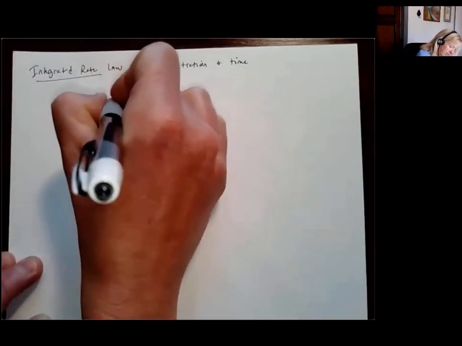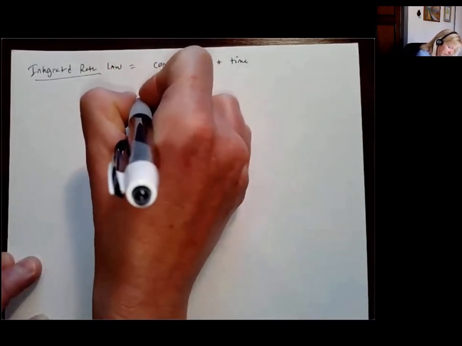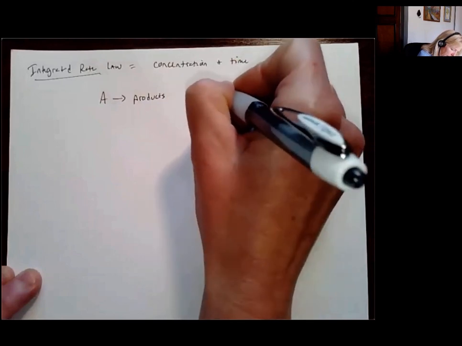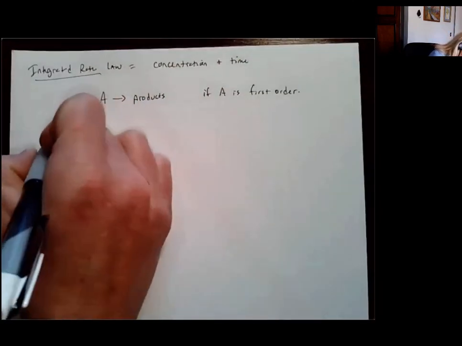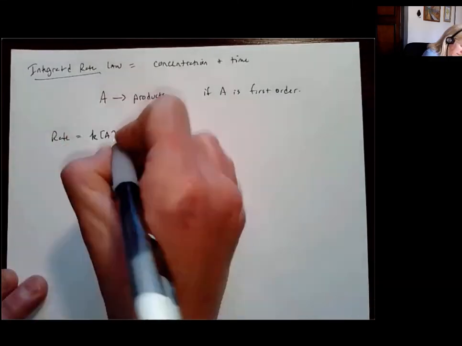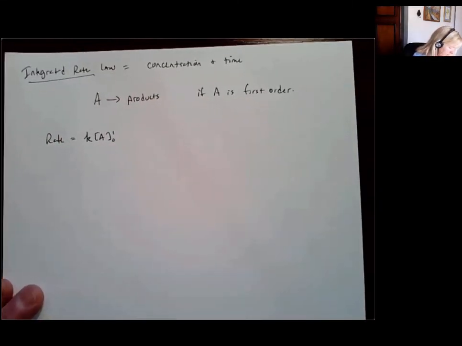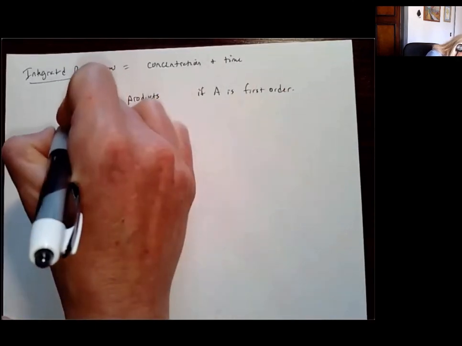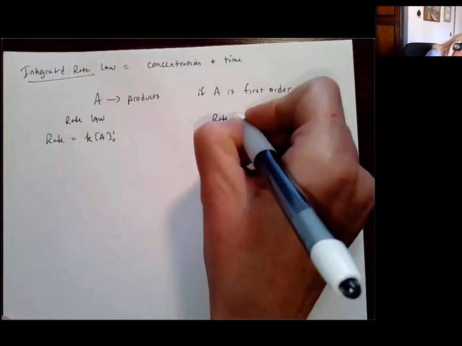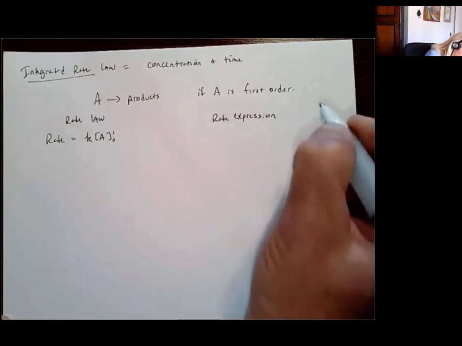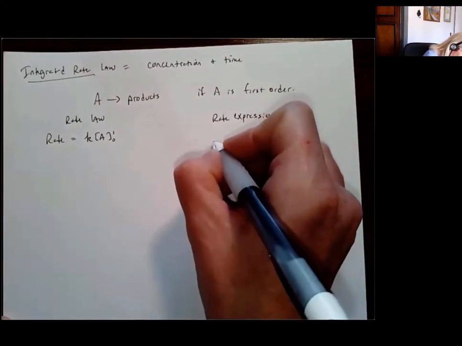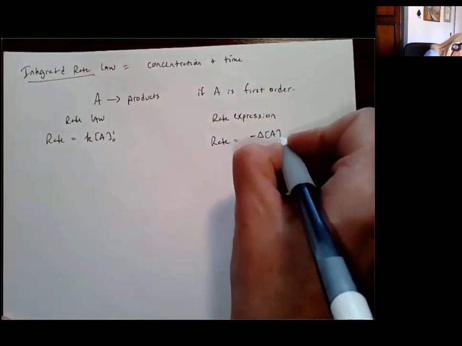If I just have very simple, A goes to products, and let's assume A is first order, my rate for this would look like this at time 0. I'm going to add in a 0 there. And my rate expression, since it's first order, I can look at my rate expression this way. It's going to be proportional.